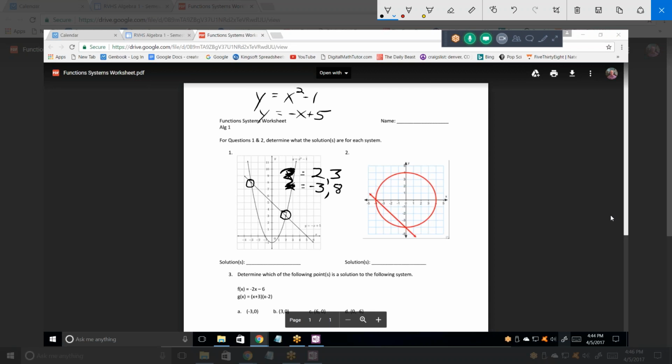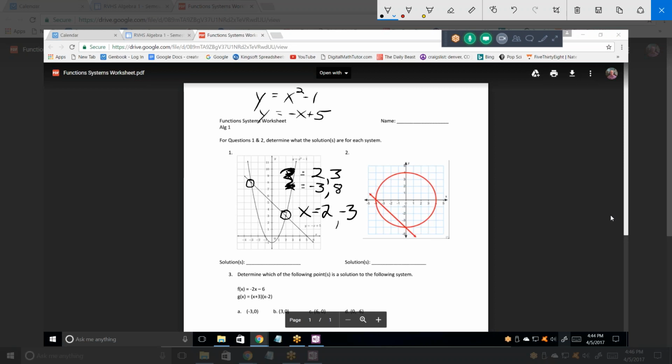And usually when they ask you to solve a system of equations, there's 2 variables, x and y. And so you really do need to solve for x and y. But notice the dilemma here. In other words, when I first solve for x, I get x equals 2 or minus 3.